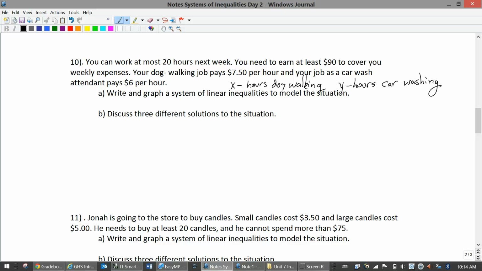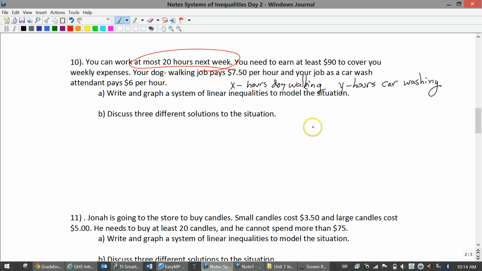Okay. Now let's write some inequalities based off of the wording given in this scenario. This first statement, 20 hours working, is the first number that shows up. That's the total. A lot of times when we're reading, we funnel equations into what represents the total. Okay, 20 total hours, which is going to be made up of the amount of hours you walk dogs plus the amount of hours you wash cars.